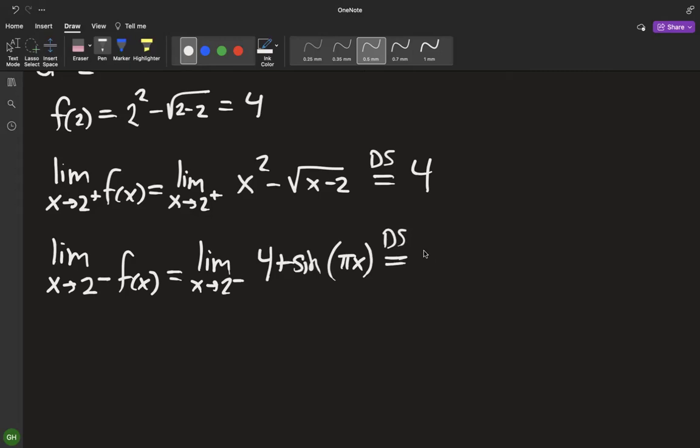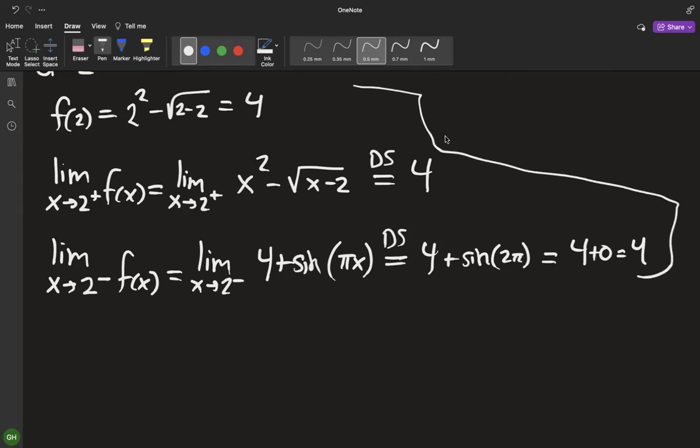Direct substitute: this is 4 plus sine of 2 pi. Sine of 2 pi is still 0, so this is 4 plus 0, and I get 4. Now these three do match. We get 4 equals 4 equals 4, which means f of x is continuous at 2.